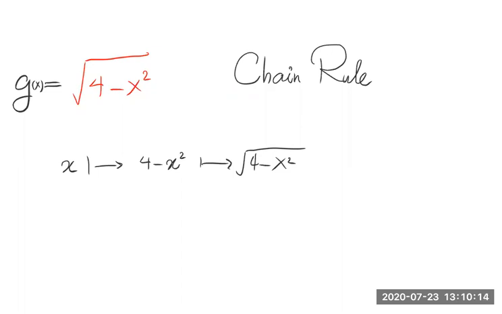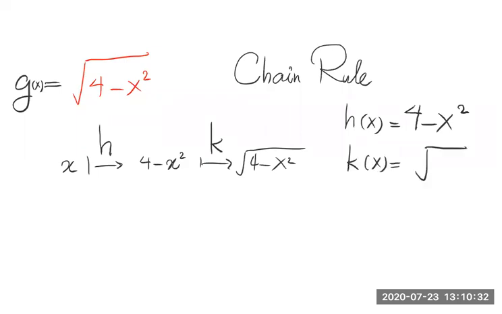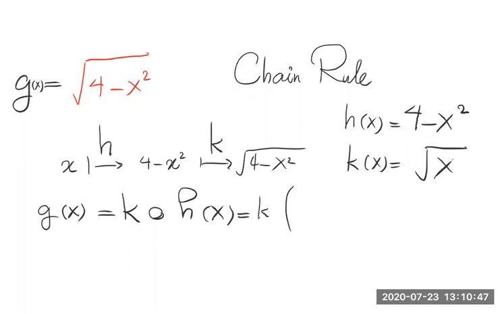I can construct two functions. Let's call one of them h and the other k. I define h of x to be 4 minus x squared, and k of x to be the square root of x. The point is that g of x is equal to k composed with h of x, in other words k of h of x.